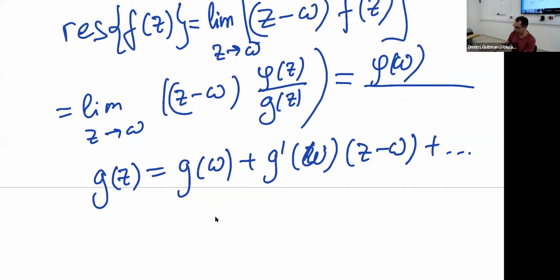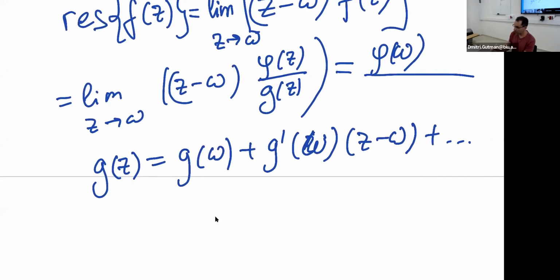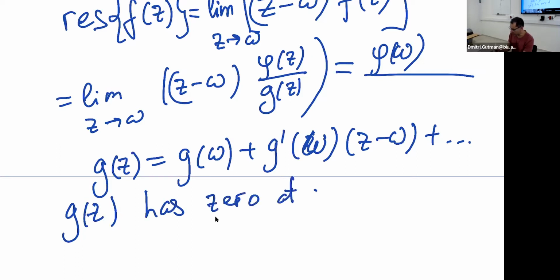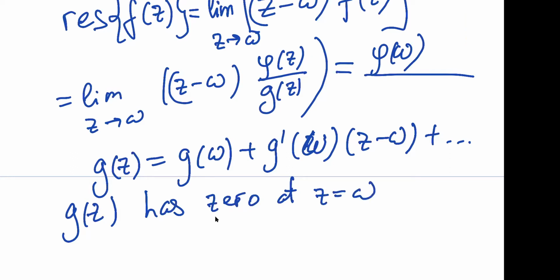What does it mean about the Taylor expansion? If we know that g has 0 at z equals w, what is the first term in the Taylor expansion?